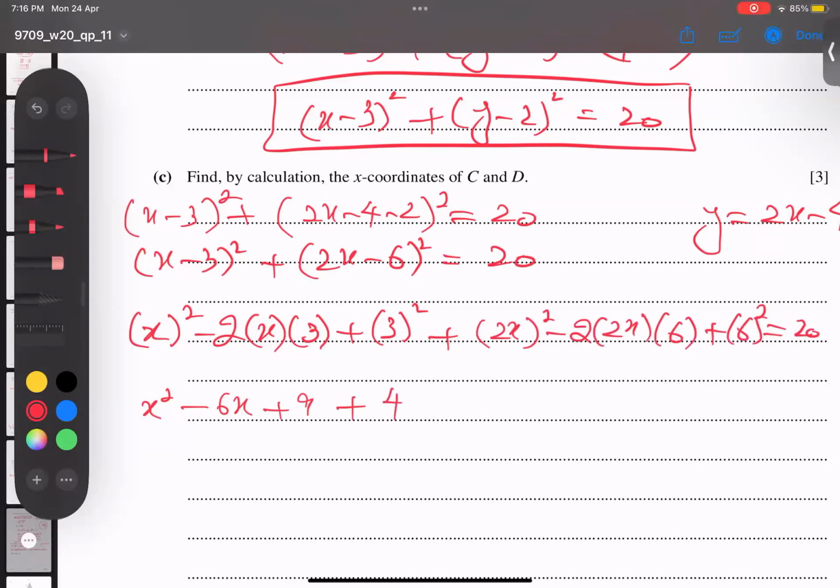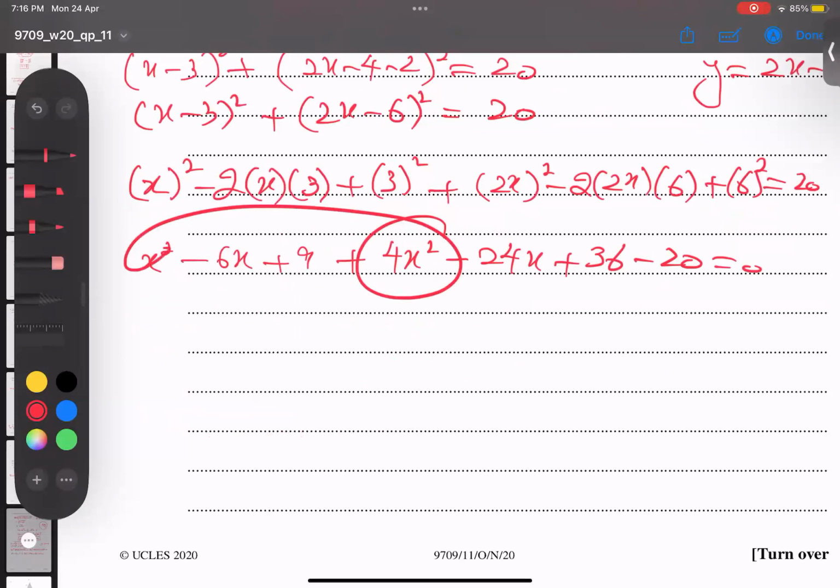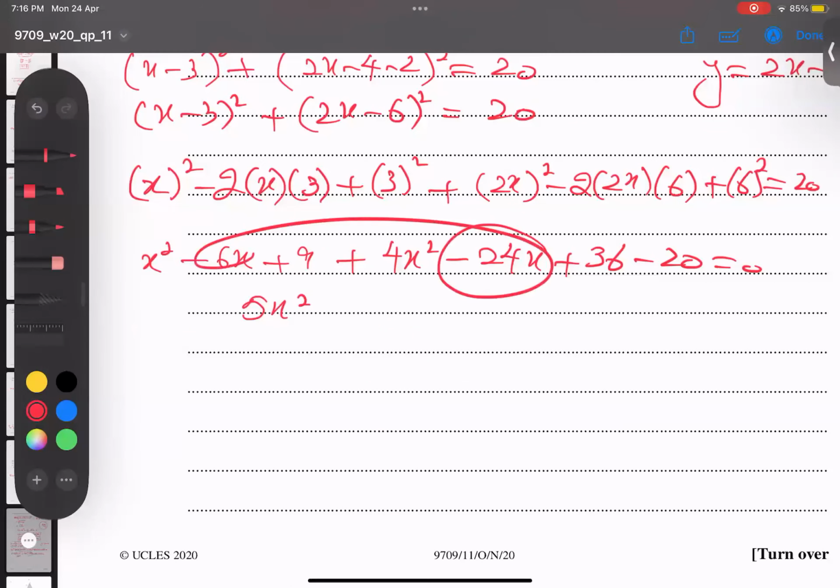And I get 4x to the power 2. It comes from here. And finally, I got 2 times 4, 4, 6, 24. 20 comes to this side. And now 4x square and x square give you what, students? 5x square. And 24 and 6 will give you negative 30.